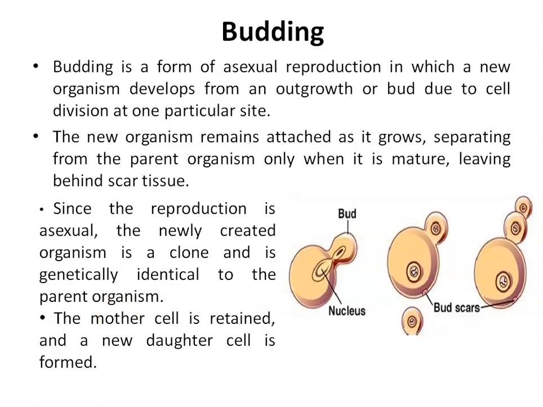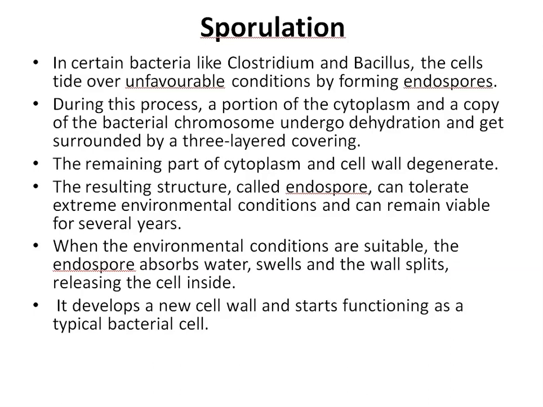The next process is sporulation, meaning formation of spores, right? In certain bacteria like Clostridium and Bacillus, cells tide over unfavorable conditions by forming spores, endospores. During sporulation, a portion of cytoplasm and a copy of the bacterial chromosome undergoes dehydration.